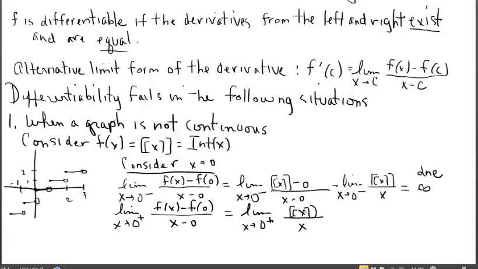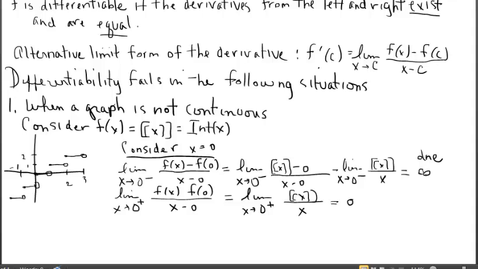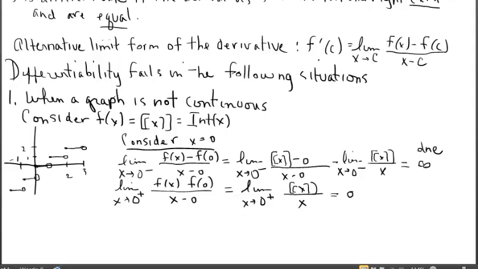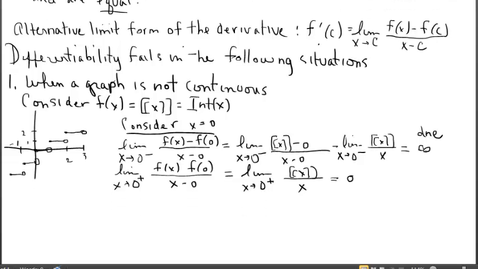So the numerator will be 0, the denominator will be a small number, but regardless, the output is still going to be 0. So we say that this graph is not differentiable, and the alternative limit form of the derivative helped us in our work with that.